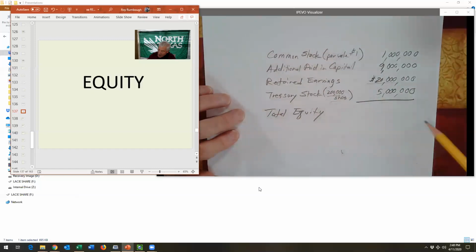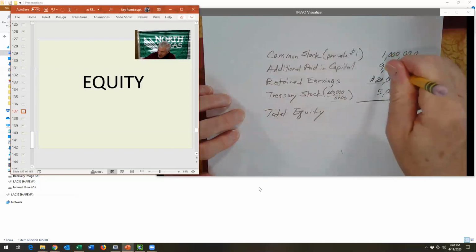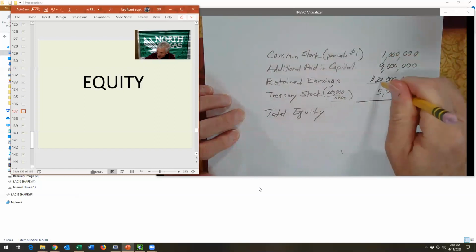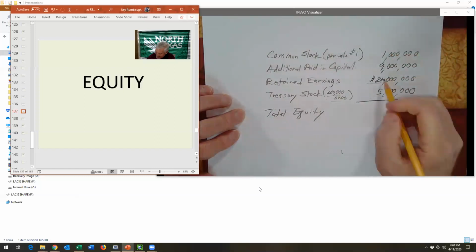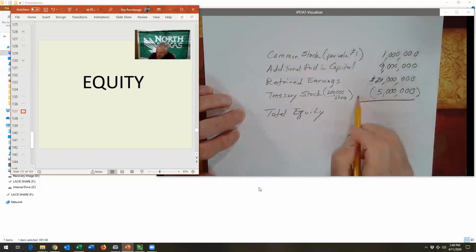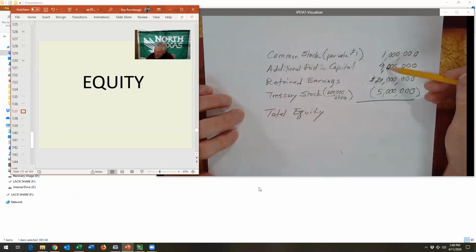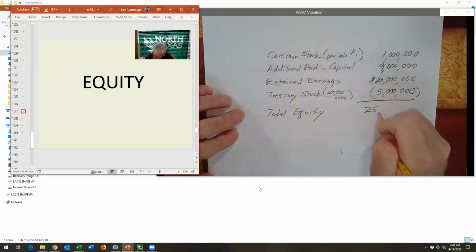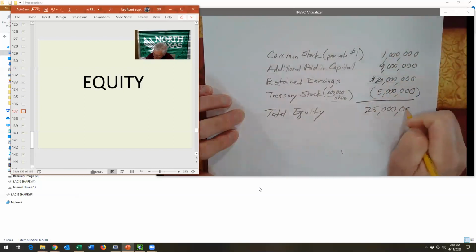So how much would be in total equity? Well, you got 1 plus 9, 10, plus 20, 30. That's a minus. Treasury stock is a debit. That's a reduction in equity. So 10 plus 20, 30 minus 5, total equity equals 25 million.